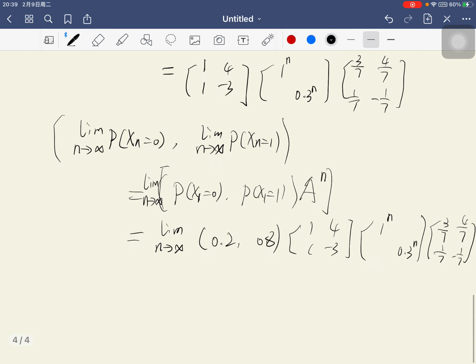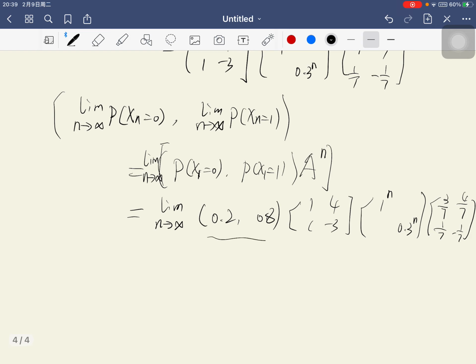To compute this, because n is infinite, 0.3 to the power of n is equal to 0. So the result is 3/7 and 4/7.